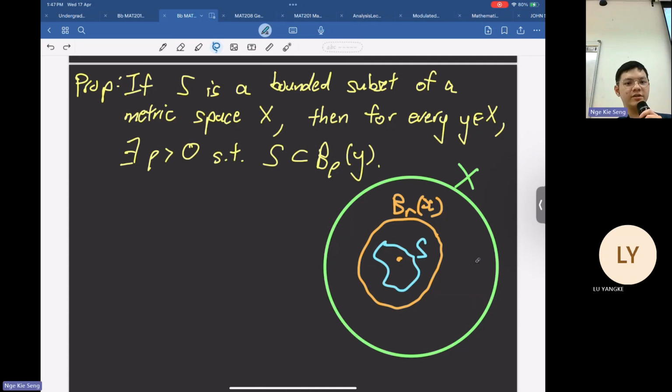So how can we do this? How can we find it? Let me fix the Y. Let's say our Y is here. How do you find the rho that contains S? How do you build the radius?